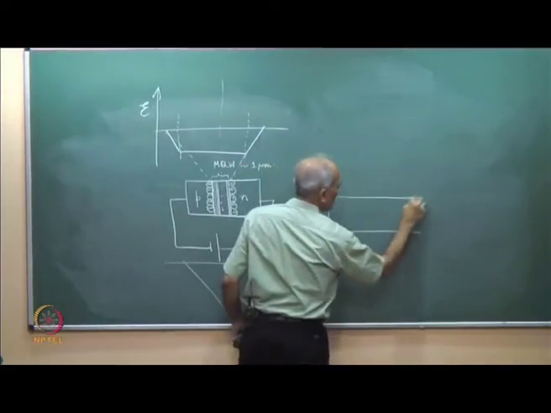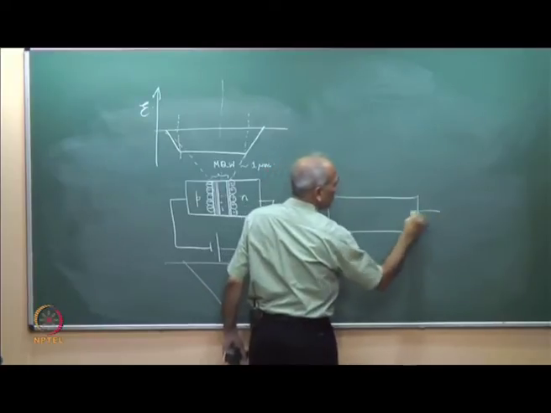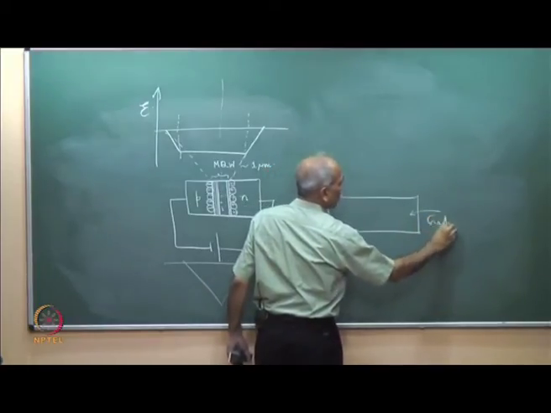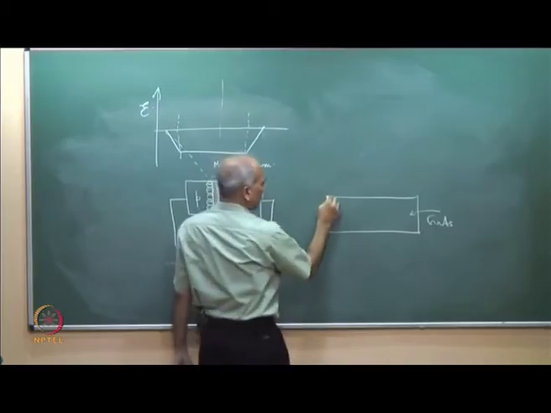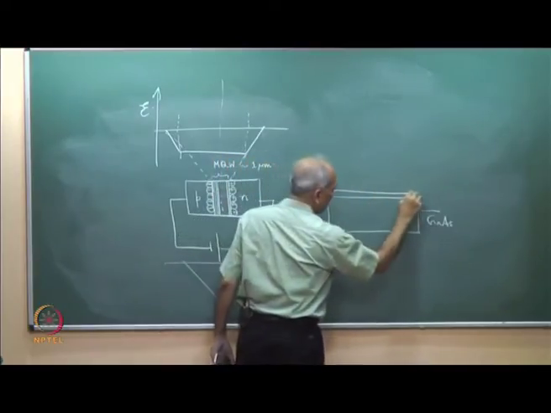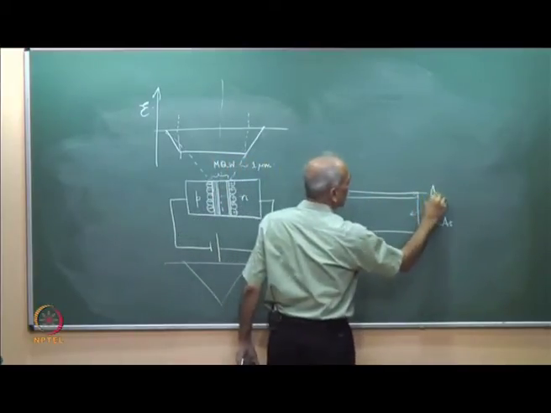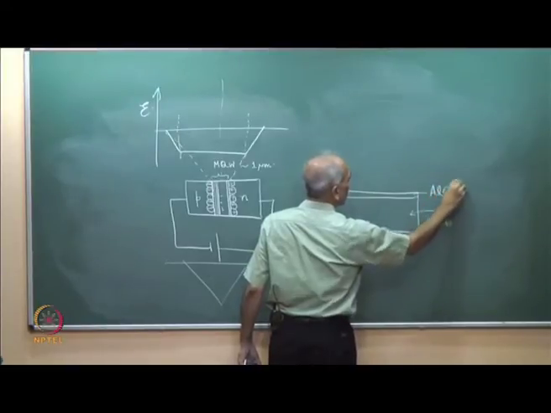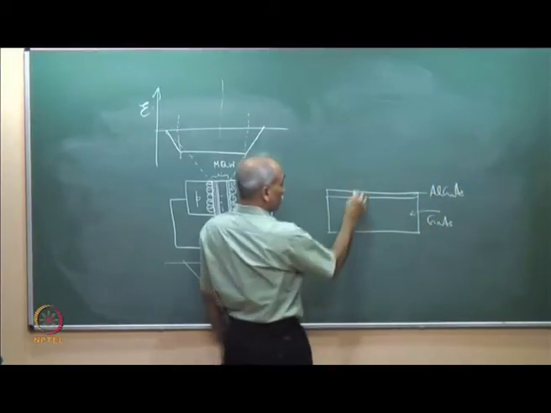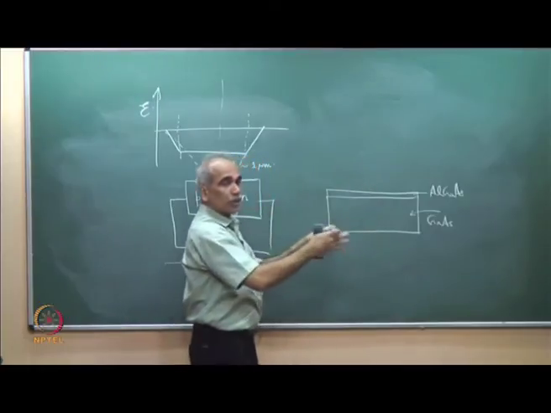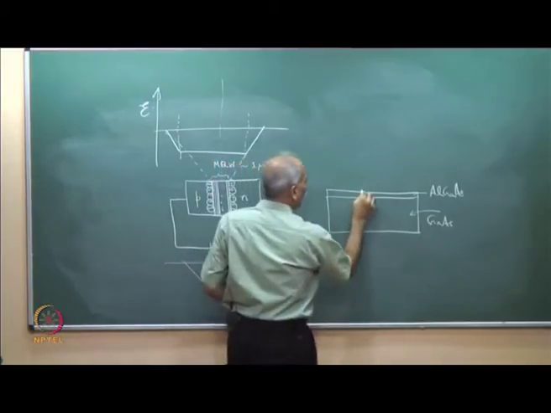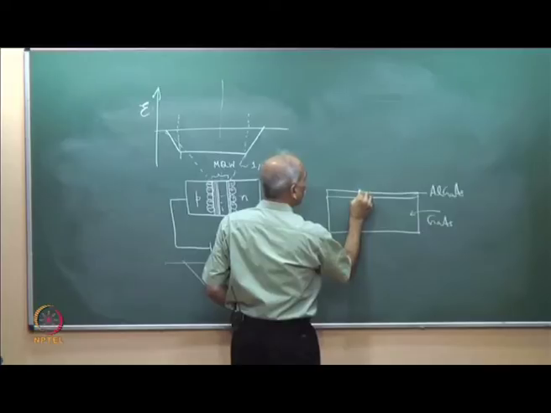You see the procedure is also illustrated here. On this you deposit aluminum gallium arsenide. On this, by deposition and etching, you grow multi quantum well structures.